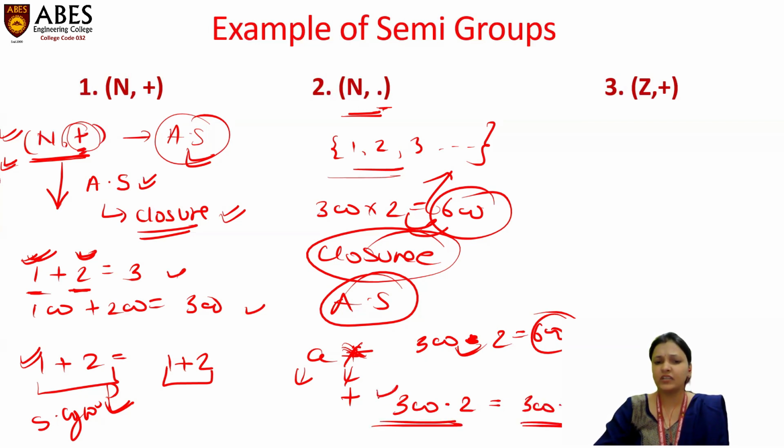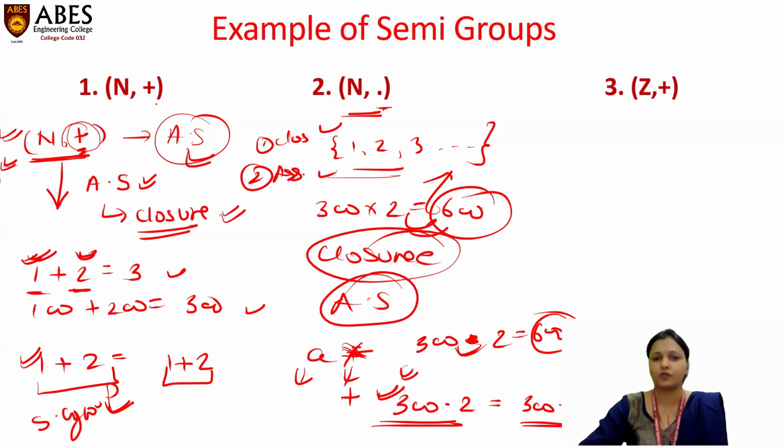For two operands, we need not check; for all two operands, the associative property will be satisfied. So the first one, the closure property, is satisfied, so it is an algebraic structure. Second, the associative property is satisfied. So it is a semigroup.